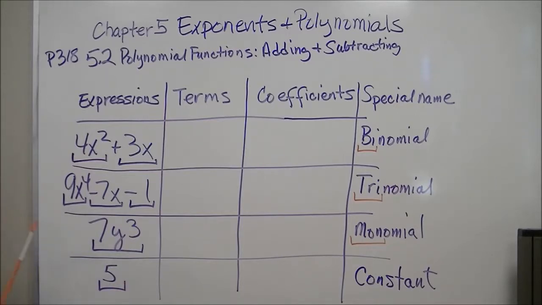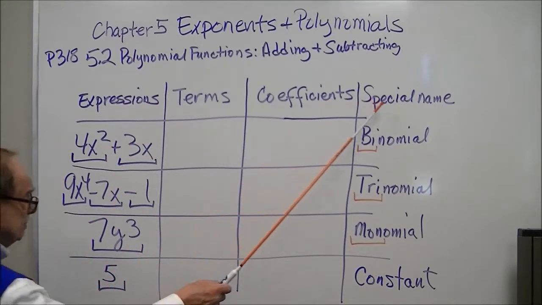And you might say, what's the difference between this and this? Well, this has a variable in it. This doesn't. Now, interestingly, as we look at polynomials, they are a series of expressions made up of terms. And if we have a polynomial that only has one term, we give it a special name.